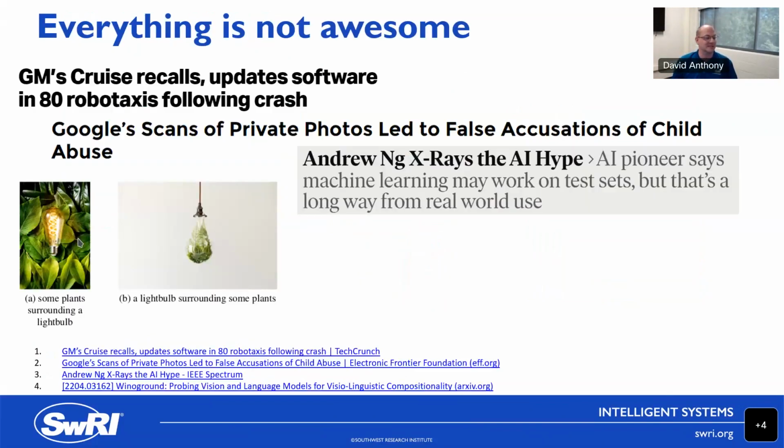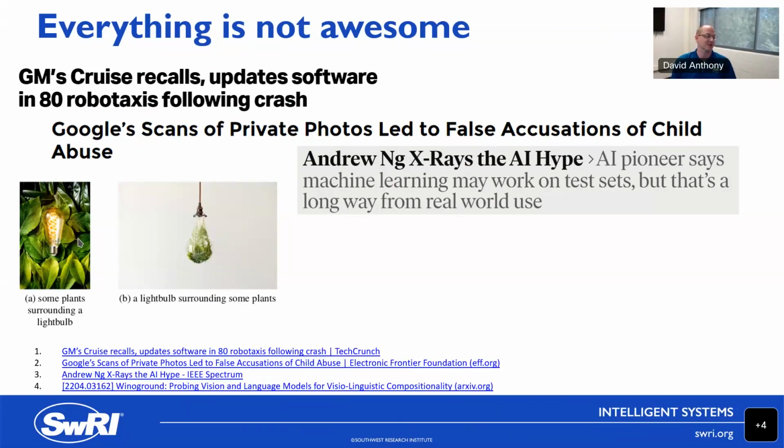These are some of the headlines I took from news articles that were about those projects I just had on the previous page. These are all pretty recent, actually. Just within the last month, GM's had to recall about 80 of their self-driving cars in San Francisco.